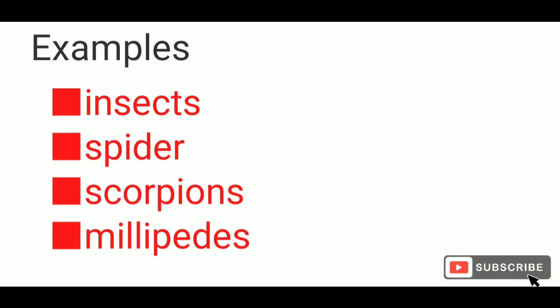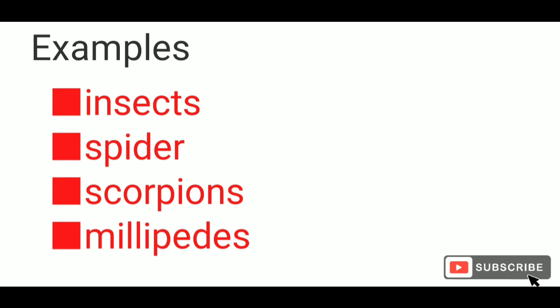Next, the arthropods group includes insects, spiders, millipedes, centipedes, butterflies, bees, and crabs. Arthropods live in terrestrial and aquatic habitats.